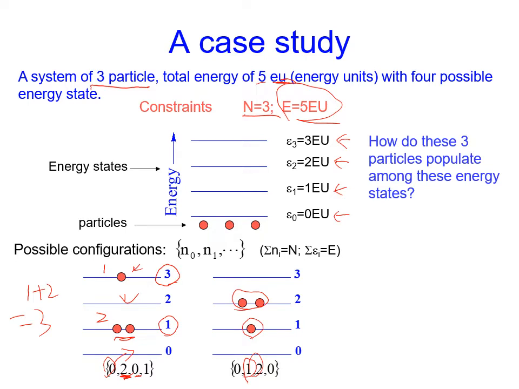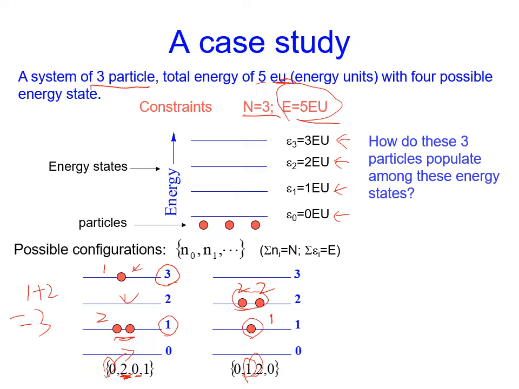And for the total energy, this one is 1 energy unit, and this is 2 energy units, this is also 2 energy units, 2 of them, so that's 4. 4 plus 1 is 5. So the total energy is 5 energy units. So that's the second possible configuration.